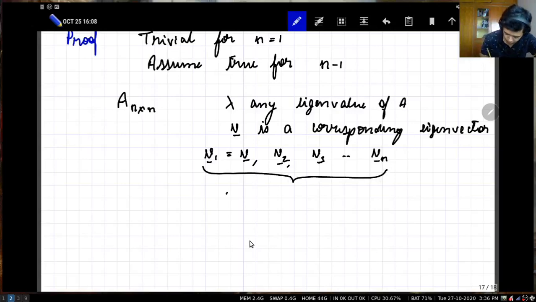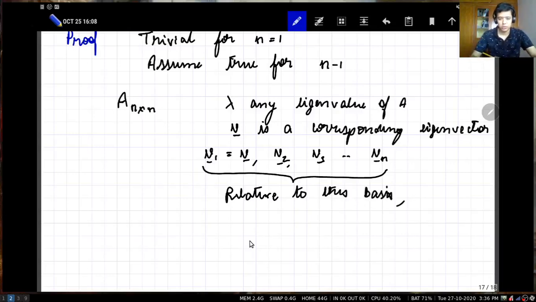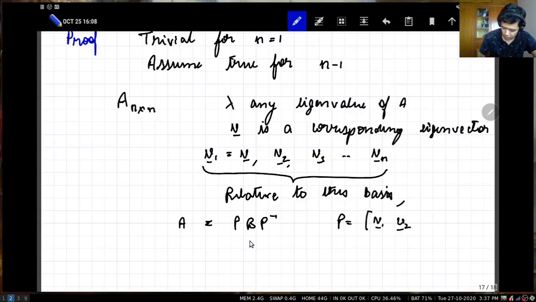Relative to this basis, what is the linear transformation A? What is the matrix corresponding to A? We have A equal to P B P inverse, where P is basically v1, v2, up to vn.